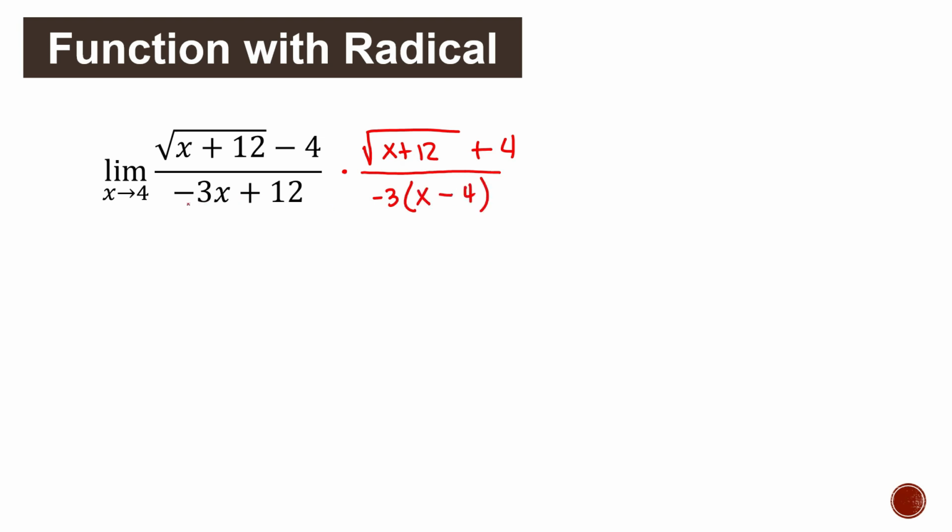So I take out that negative 3. Negative 3x divided by negative 3 is x. 12 divided by negative 3 is negative 4. So this is x plus 12 minus 16, all over... Hold on.